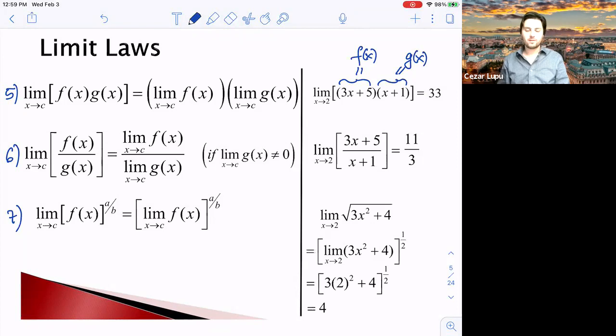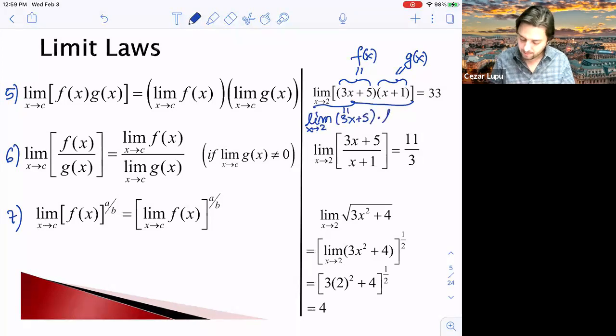This will be nothing else than the limit as x approaches 2 of 3x plus 5, times the limit as x approaches 2 of x plus 1. Once you plug it in, it will be 3 times 2 plus 5, which is 11, right, 11 times 3, which is 33, and there you go.